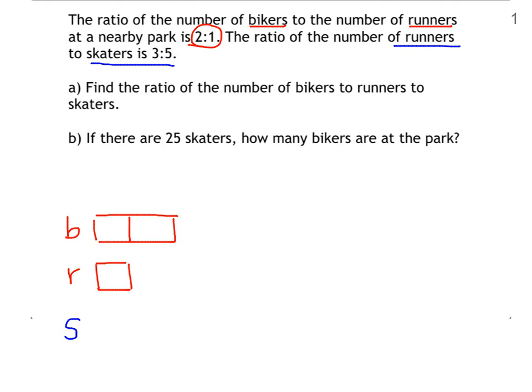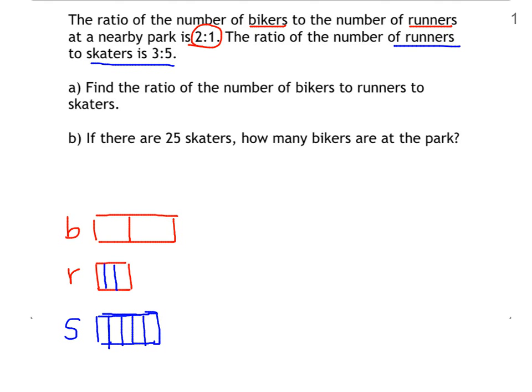So I'm going to actually split up the runner bar into 3 parts, and then I am going to make a bar for skaters based on these new parts. So I start with 3, and then I know I need to make 5.